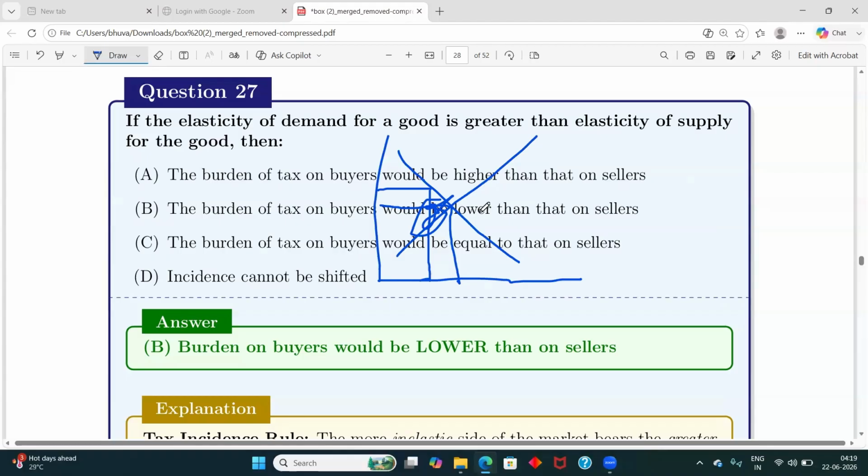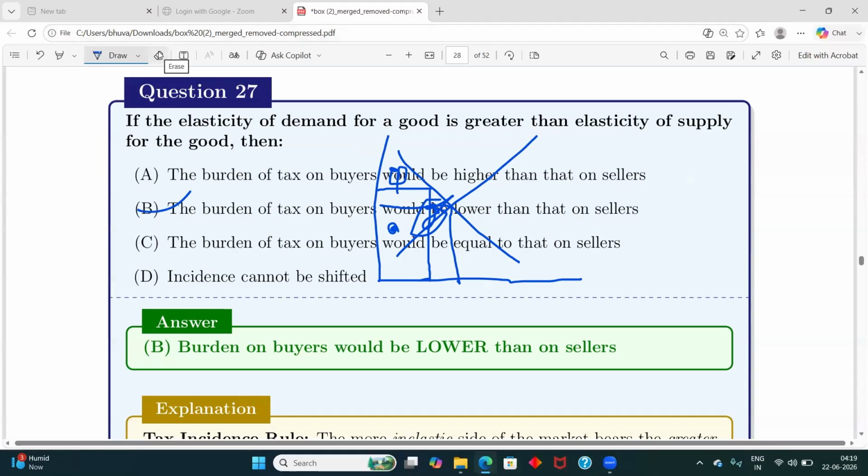So the burden on the buyer would be lower than on the seller. This area is the consumer surplus and this is the producer surplus. When tax is imposed, it leads to the burden. So lower burden on one side and greater burden on the other. So the correct option is option number B.